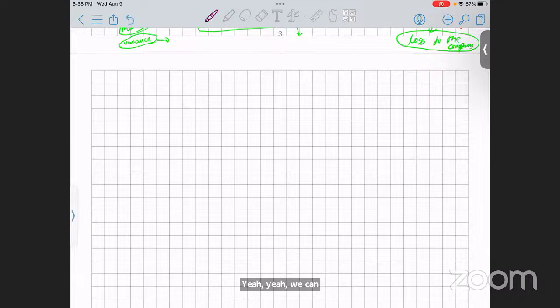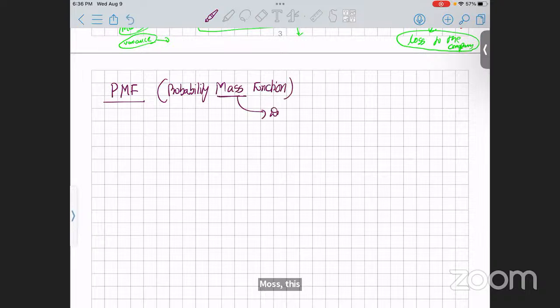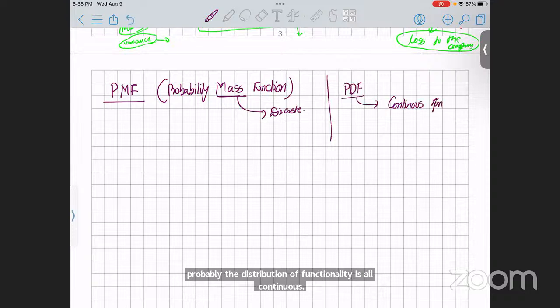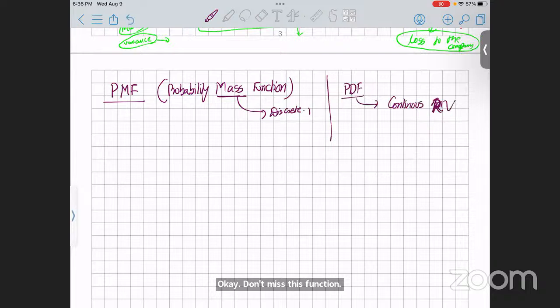Now we are going to the probability mass function. Mass means it is discrete. It is for discrete random variables. And PDF, probability distribution function, is for continuous random variables. Remember this carefully, it is very, very important.